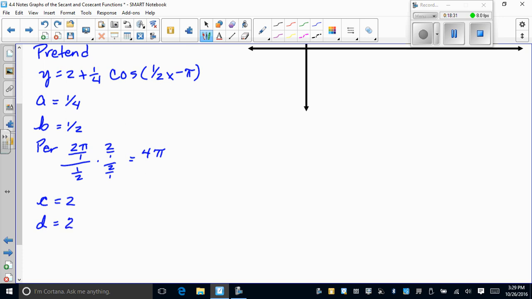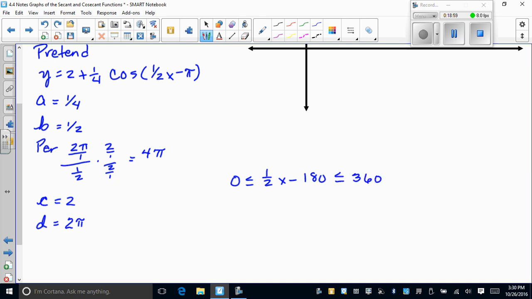Okay, so let's do the quick little inequality to verify that we got the correct value here, because if that is the case, then we're going to start at 2 pi. So I have 0 is less than or equal to 1/2 x minus pi, which is 180, which is less than or equal to 360.